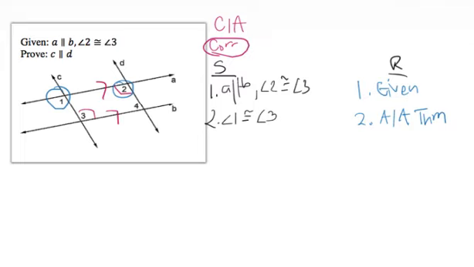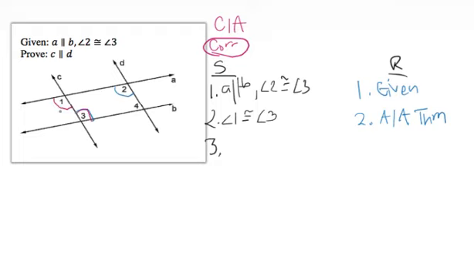Now, this is where it gets a little tricky. Number 3, I want to show that the angles are congruent. I'm going to erase this in case we got a little confused here. Let's just start back from scratch. My original statement is that 2 is congruent to 3, and I just showed that 1 is congruent to 3.